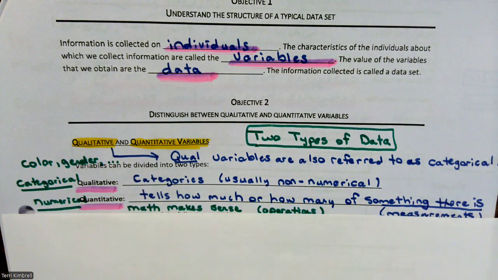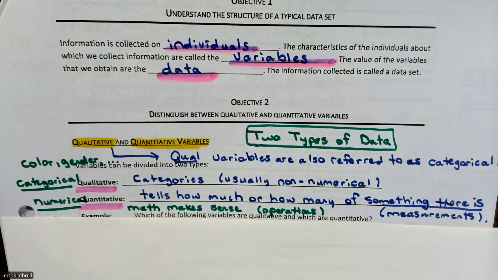Quantitative deals more with numerical and math. Qualitative is going to be categories that are usually non-numerical. Quantitative will deal with numerical, but the numerical part means that math operations make sense to perform with them. When you think about quantitative, you're measuring how much or how many something there is, so it deals with measurements.